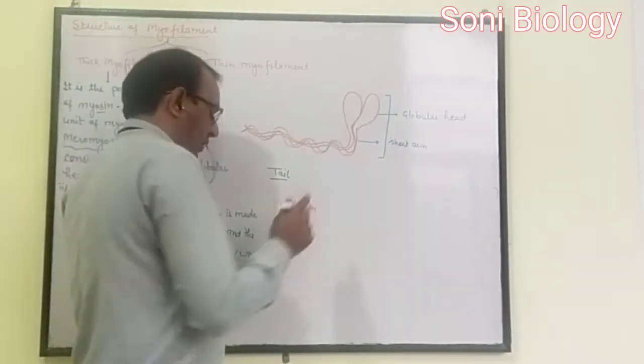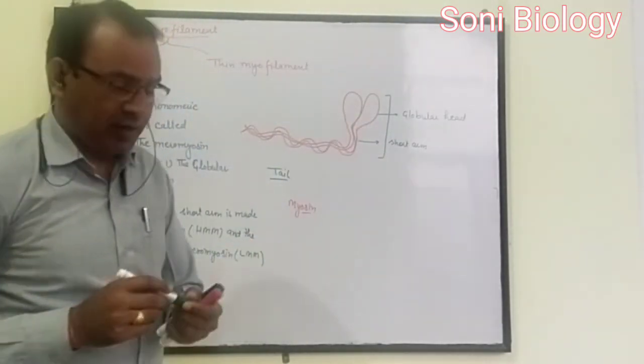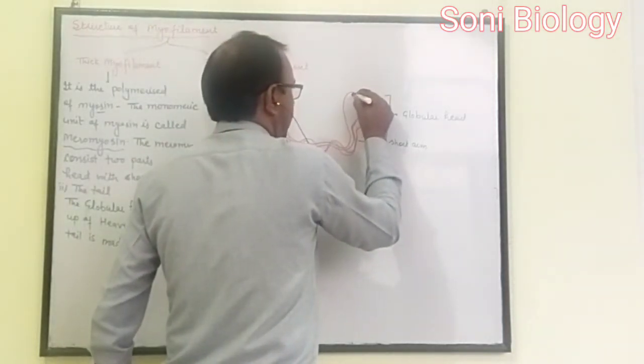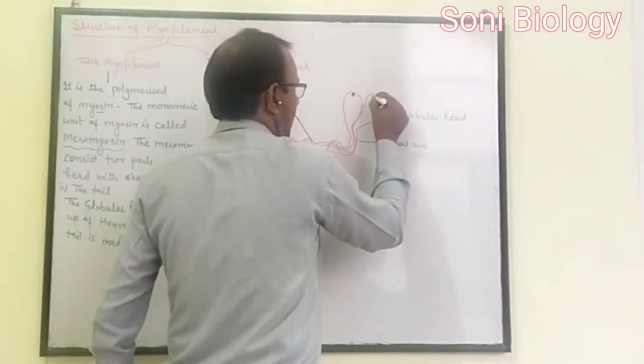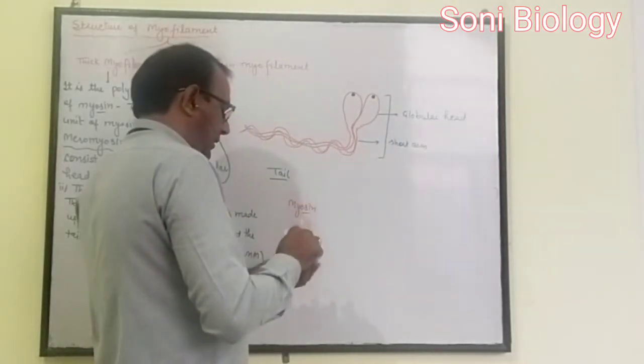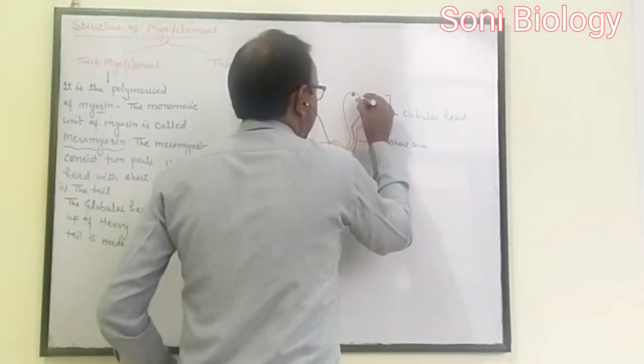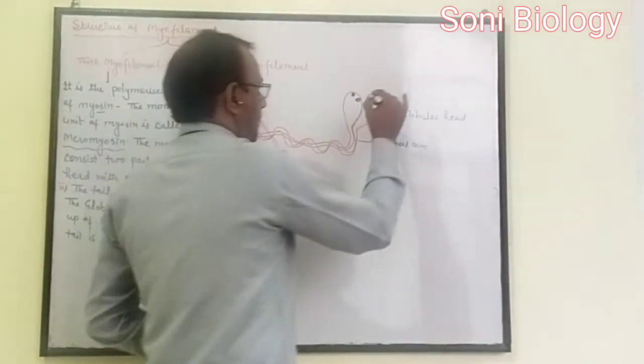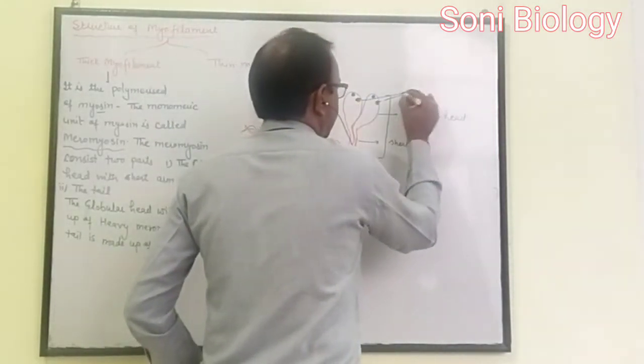The head contains two binding sites. One is the ATP binding site and the other one is the actin binding site. This is the actin binding site.